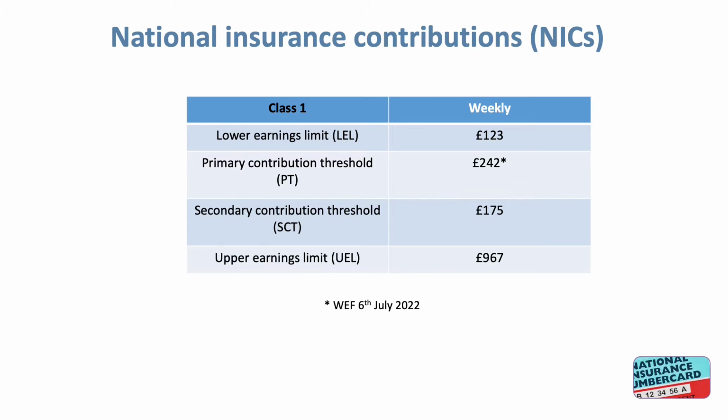You then pay at the main rate up to the upper earnings limit, and then you pay at a nominal rate thereafter to an uncapped, unlimited amount. So there's no maximum you can pay for national insurance contributions, but there is a maximum you can pay at the main rate, which is what we're going to look at shortly.